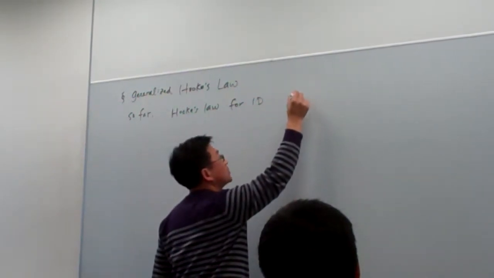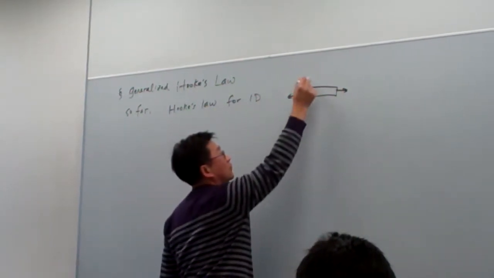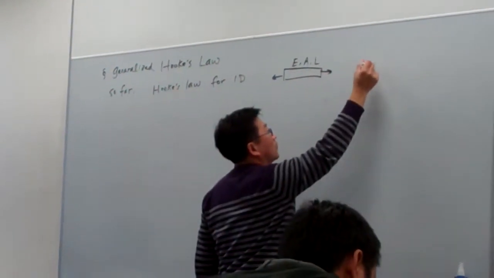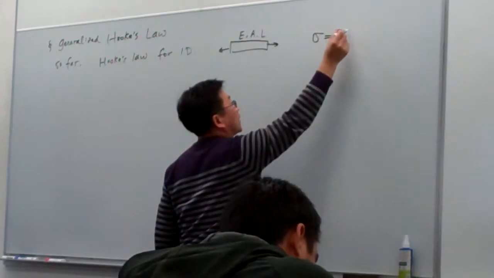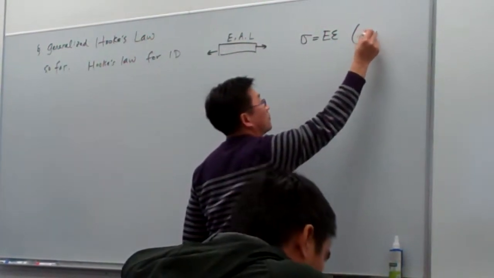That means for these material models, without Poisson ratio, we only know the E, A, and L. Hooke's law is given by this: the stress equals E times strain. This is for a one-dimensional model.